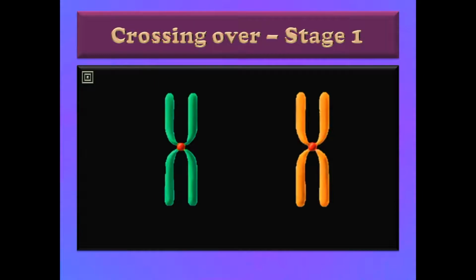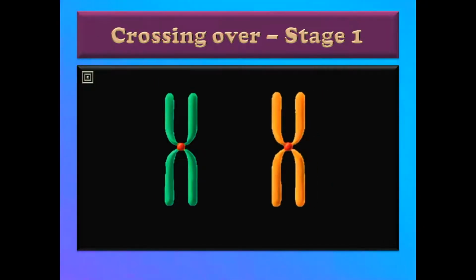So let's see crossing over with the help of an illustration. Here you can see the two chromosomes, one from the mother and the other from the father. These are the two chromosomes contributed by each parent during reproduction.